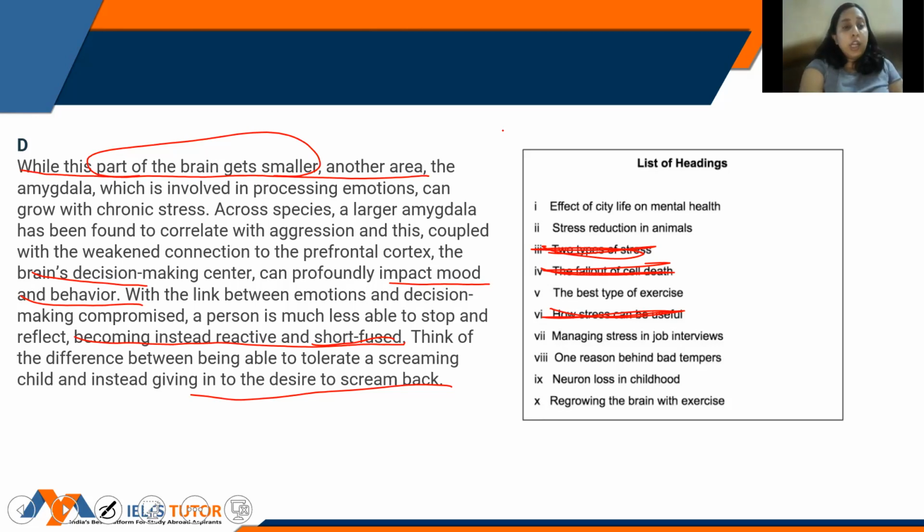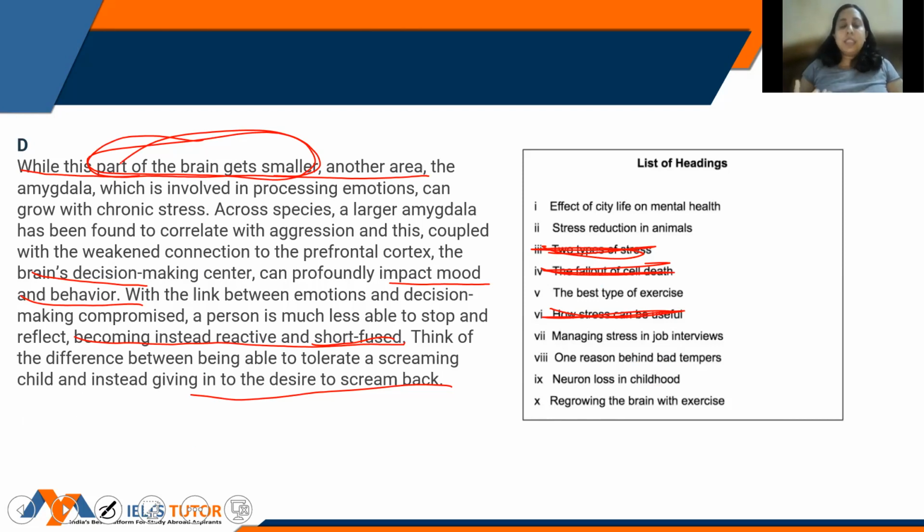So please mute yourself here. You will think that they are talking about it getting smaller. So in the exam, when you see the starting line of the paragraph, which is reflecting the previous paragraph, it means they are just maintaining the connection.